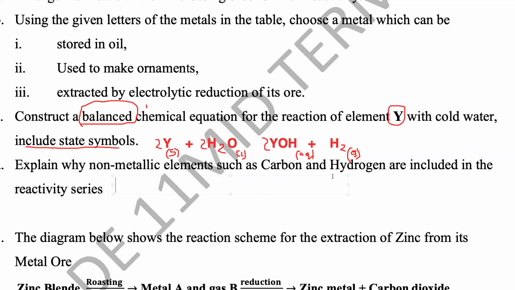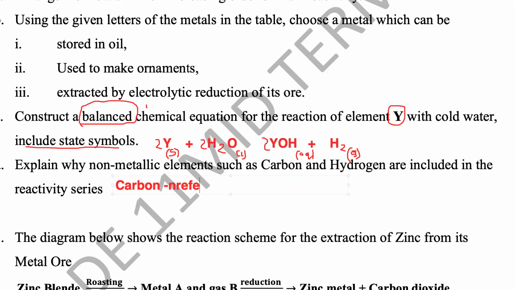There are 3 methods, remember? So the element that guides us, which metals can be extracted by electrolysis, which element can also be extracted by reduction by carbon. The boundary that we have is carbon.